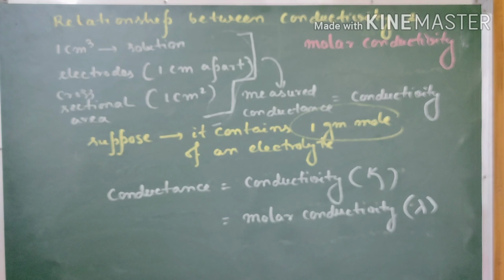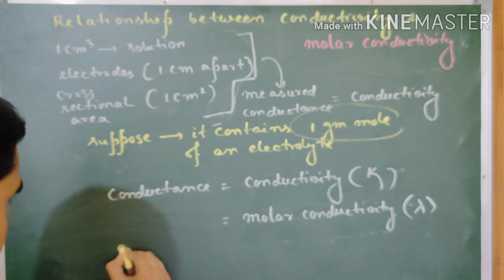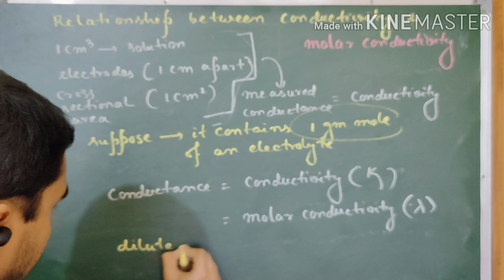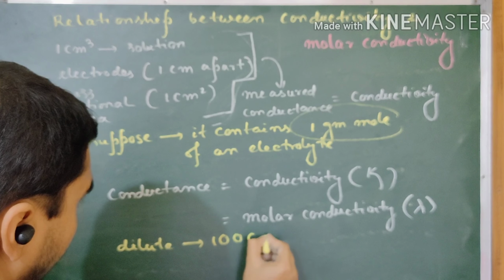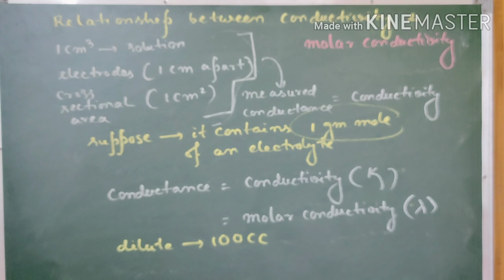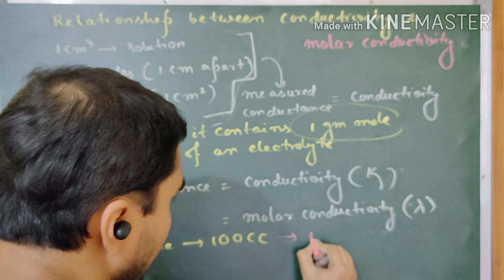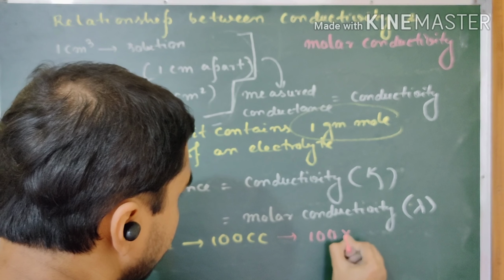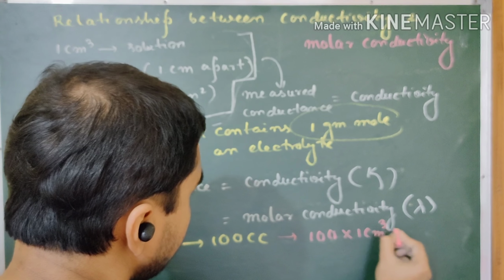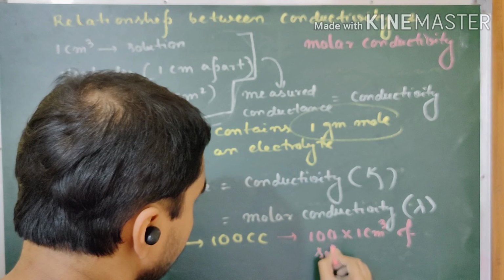Now, carefully see, we are diluting the solution to 100 cc. If we dilute this solution to 100 cc, there are now 100 cubes of the solution, that is, 100 into 1 centimeter cube of solution.